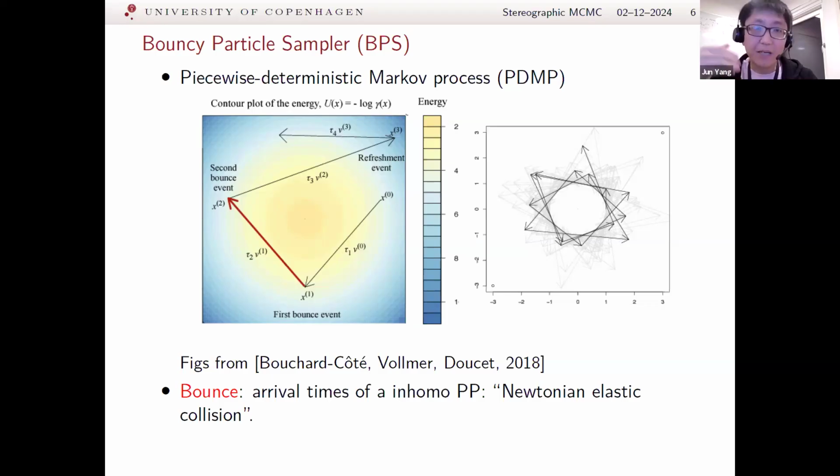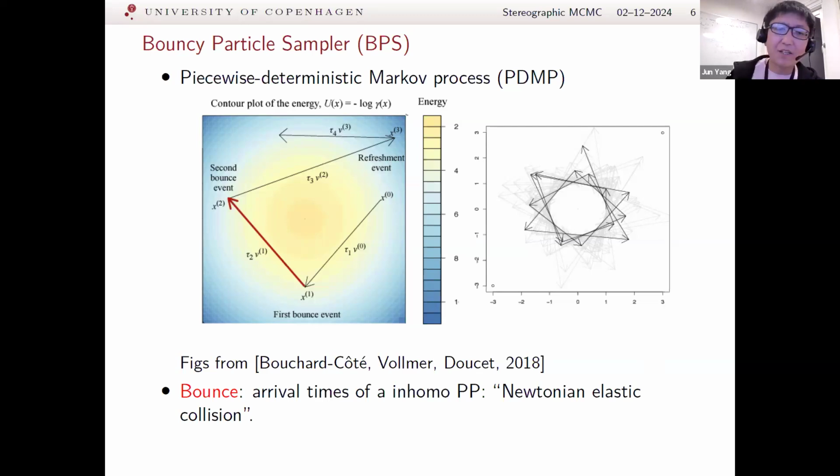So the particle with high probability will stay in the high probability density region. You can see for the second event, the particle tries to leave the yellow region and go to the tail region, and then the second bounce event occurs.